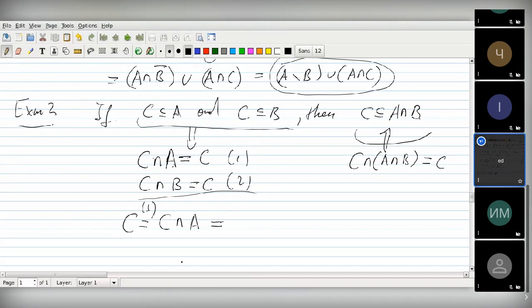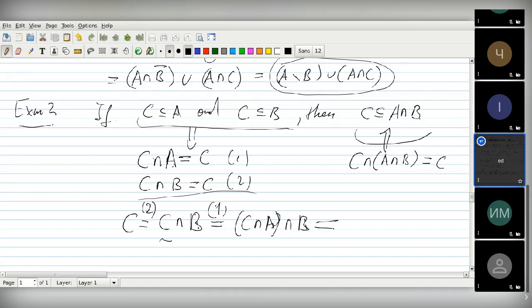Yeah, clear. And now let's replace this copy of C according to the second equation. By the way, it is not a very good way to proceed. First, let's start with the second one. If we start with the second one and then proceed to the first one, we will obtain this thing.